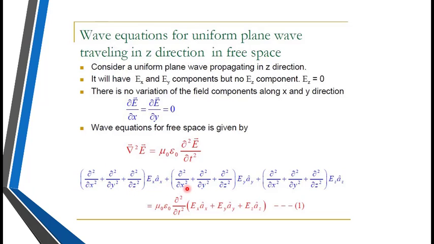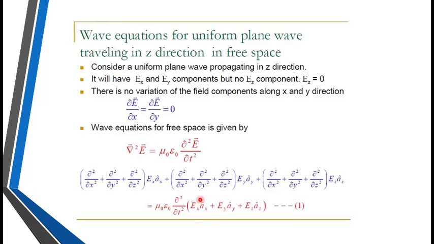Then plus again the same Laplacian operator is applied to Ey Ay component and then Ez Az component. Same thing is applied for all Ex, Ey and Ez component. This is our right hand side. And what is left hand side? μ0 ε0 is as it is. Now there is a variation of E again with respect to time t. So ∂²/∂t² of Ex Ax plus Ey Ay plus Ez Az.